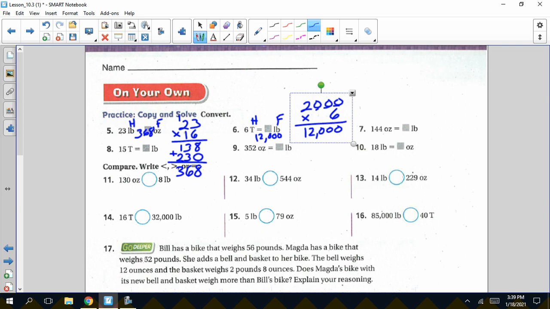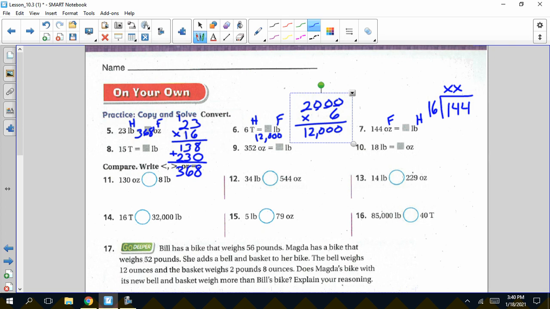Number 7, 144 ounces is how many pounds? Fly to horse. Take 144 and divide it by 16. 16 doesn't go into 1, and it doesn't go into 14. So now you have to think, 16 times what is going to give us 144?